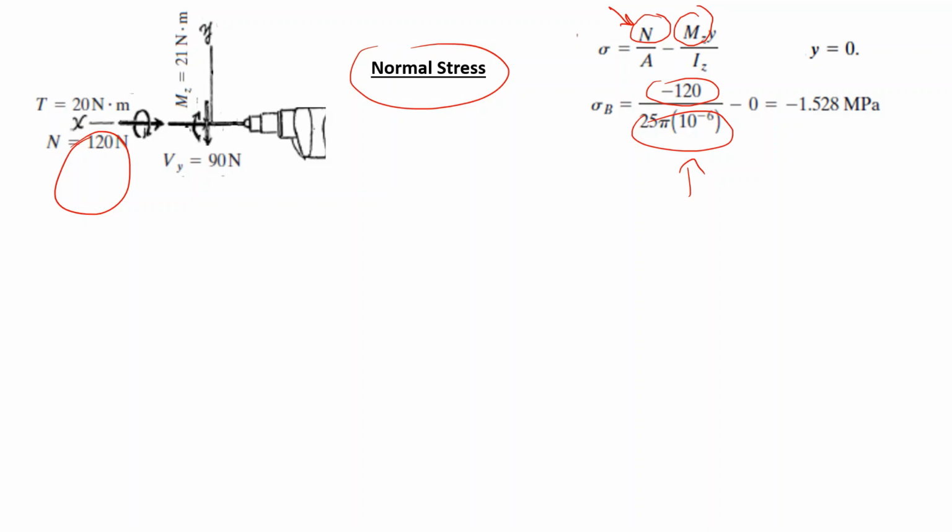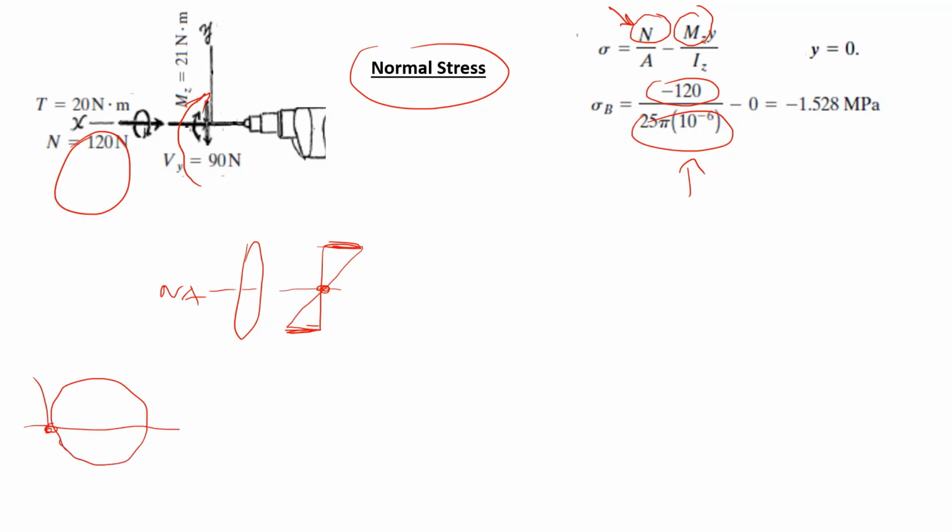What about Mz? When you bend around the Z-axis, in the section of the drill, a stress distribution will be caused. So the stress in the neutral axis will be 0, and on the top and the lower end, we will have maximum and minimum values. In this problem, we are interested in point B, and my point B is exactly on the neutral axis.